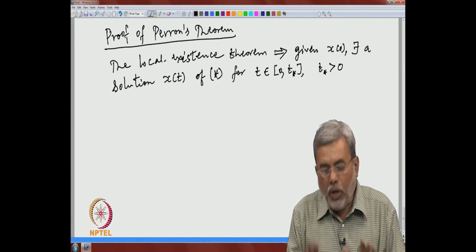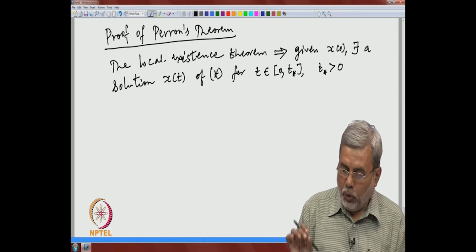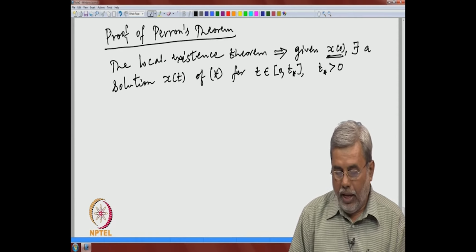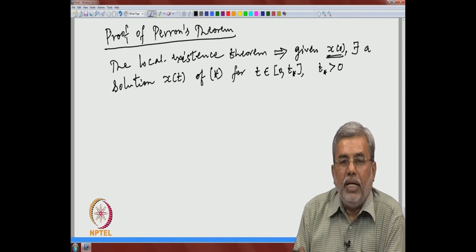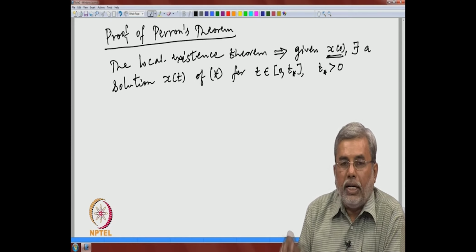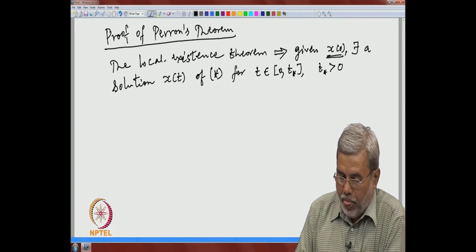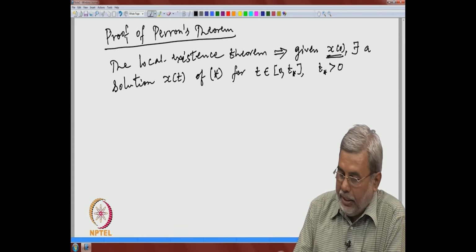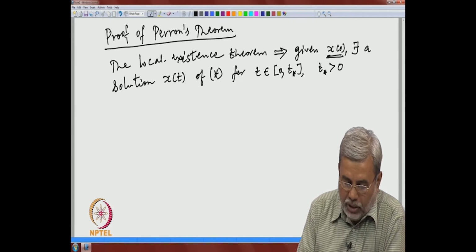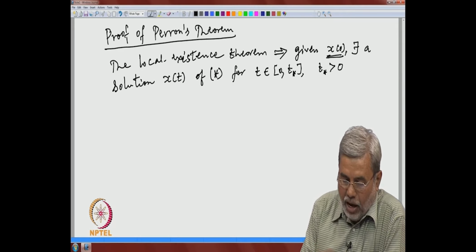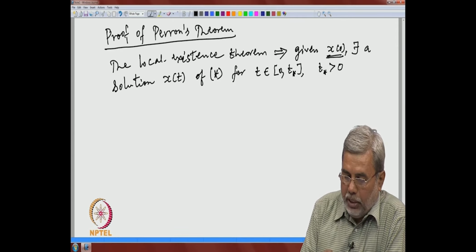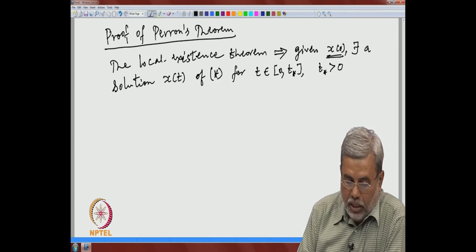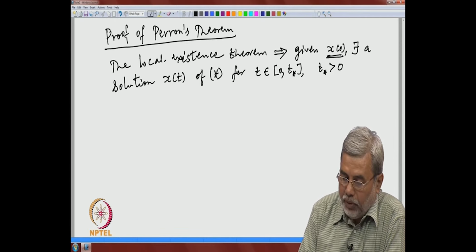What we would like to do now is we want to show that when this x 0 is small, the solution can be extended to all t positive, that is the first step. We are not interested in uniqueness here, that is why there are no hypotheses on little f in star. So, this is by Peano existence theorem that there is always a solution.